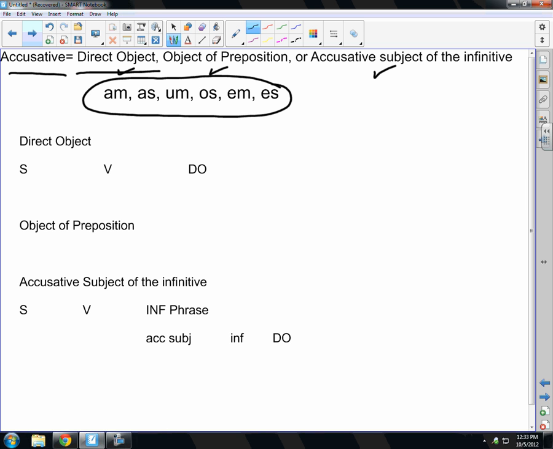A direct object is a receiver of the action. A direct object will receive the action. It basically answers the question, what or who? When it comes to the subject John, John throws what? What does he throw?